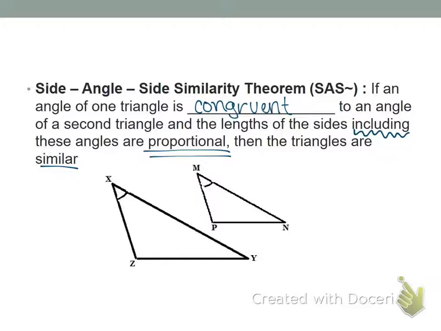So here they marked our congruent angles, so we can start with that. So if angle X is congruent to angle M, we should be making a proportionality statement about the sides that include those angles.